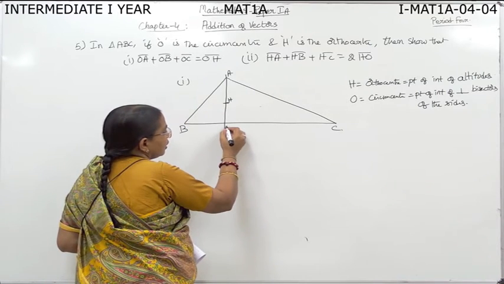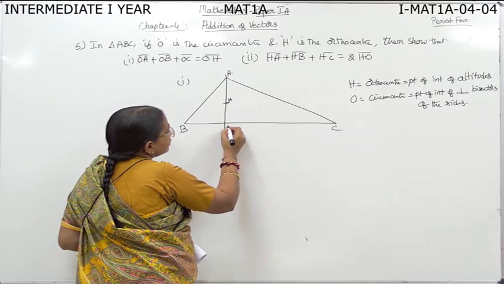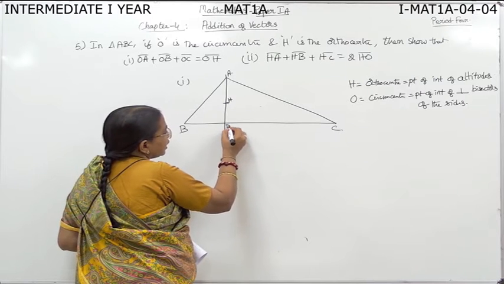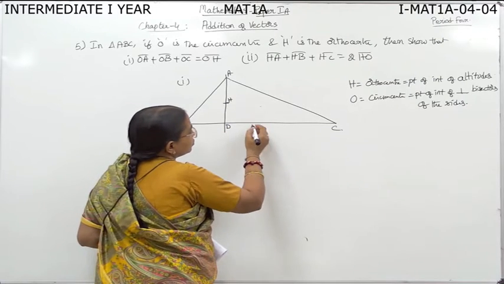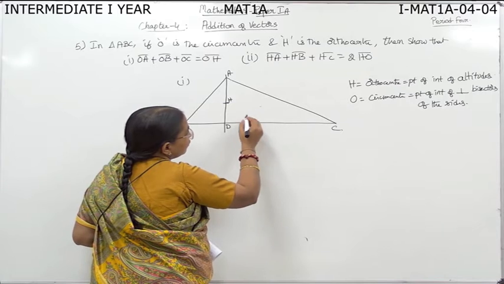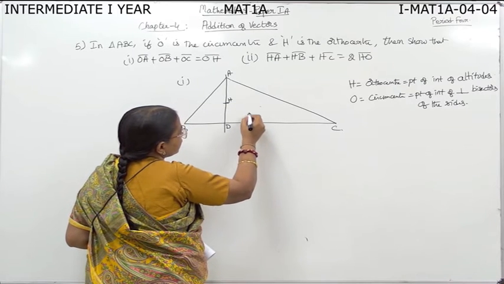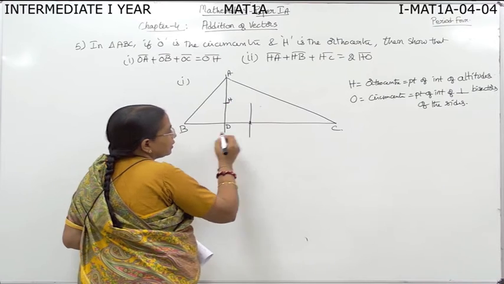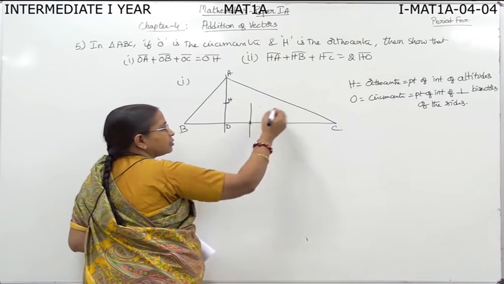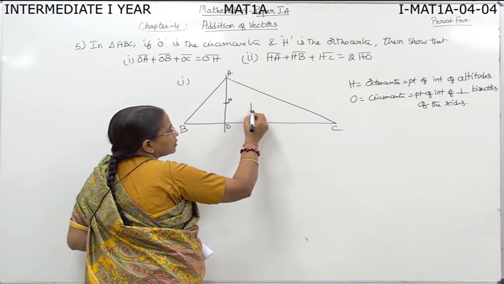Let AD be the altitude. Next O, we'll take one perpendicular bisector, midpoint. This is the midpoint. So we'll take one perpendicular bisector. So this circumcenter will lie on this.